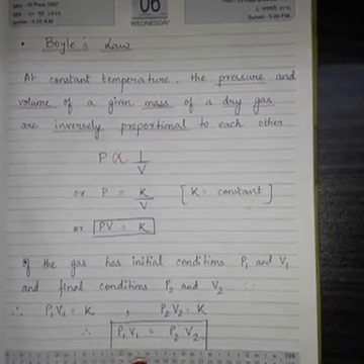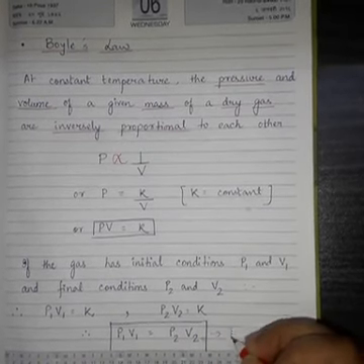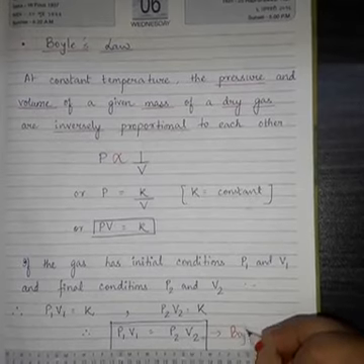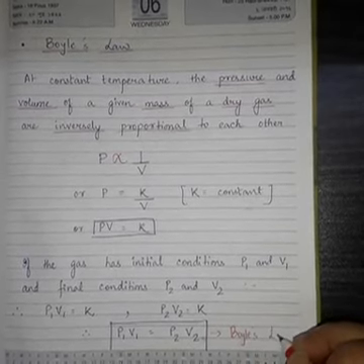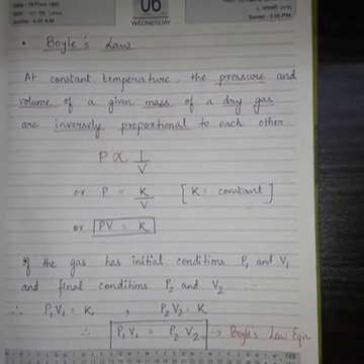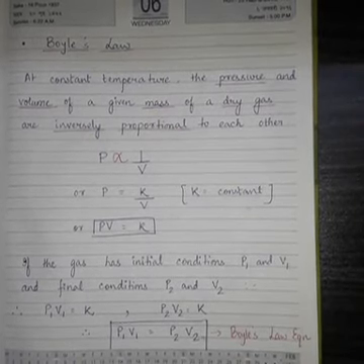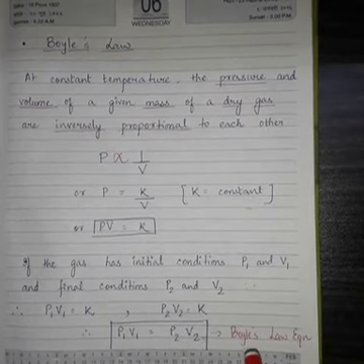Therefore, P1 V1 is equal to P2 V2. This is my original Boyle's law mathematical equation for solving all numericals.